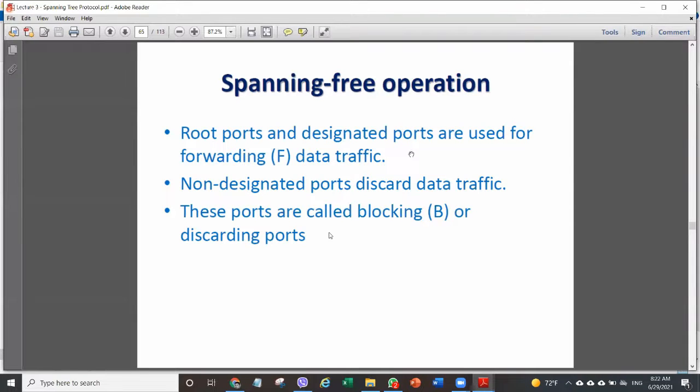Non-designated ports discard the data traffic, that means user traffic. These ports are called the blocking or discarding ports.